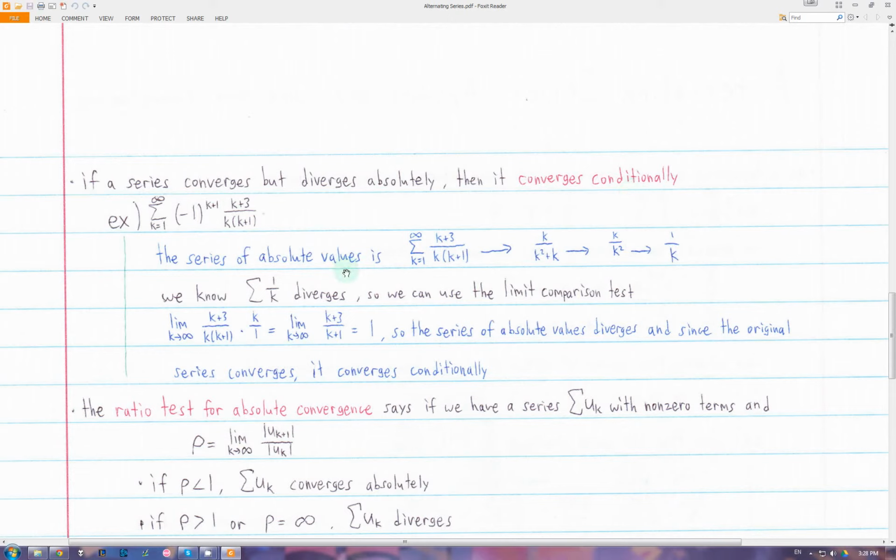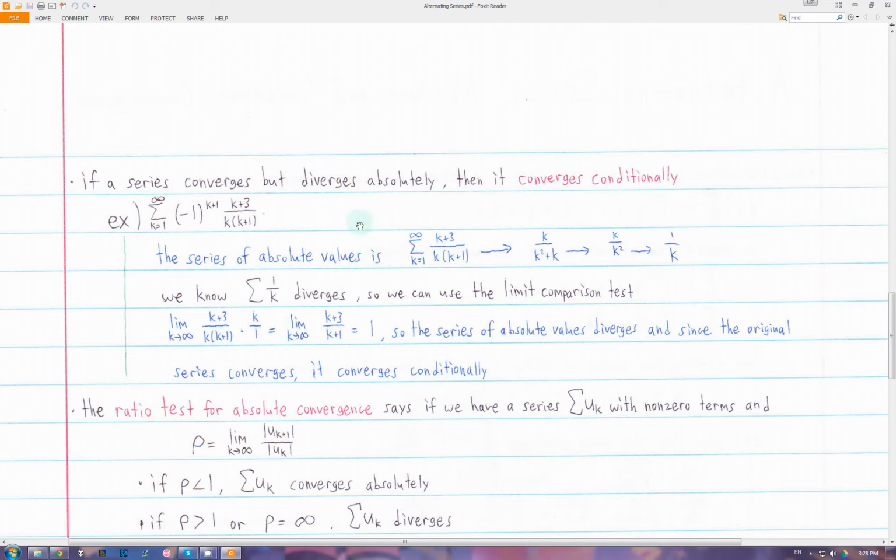So over here we have an alternating series, and taking the absolute value of this general term and then simplifying it some, we can say that it behaves like 1 over k. And so we do this to use the limit comparison test. So using the limit comparison test with 1 over k and the series of absolute values, the limit evaluates to 1, which is finite.